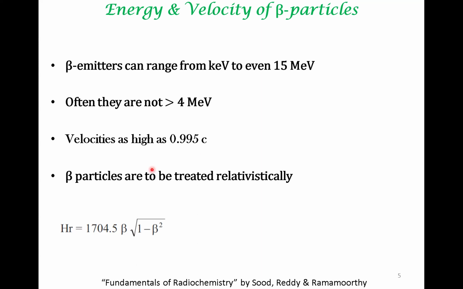We won't go into that, but this relationship is obeyed, where H indicates the magnetic field, R indicates the radius of the circular path, and beta indicates the usual notation which we use in special relativity, the velocity of the particle divided by the speed of light. This is a beta particle, and we showed that the kinetic energy of the beta particle is given by this relationship.